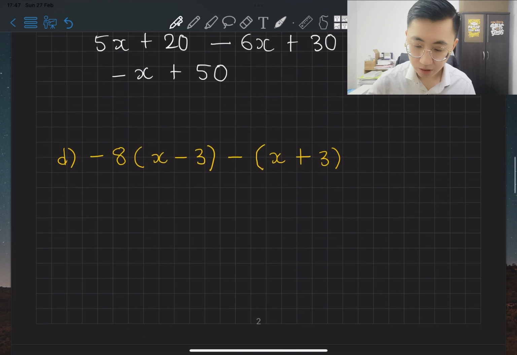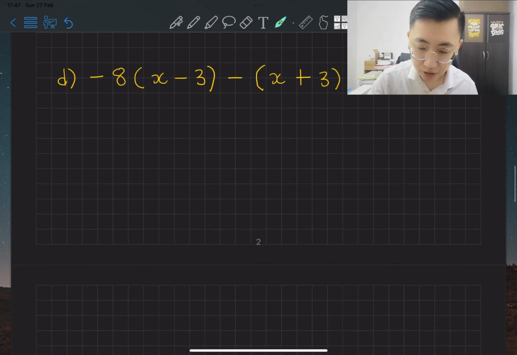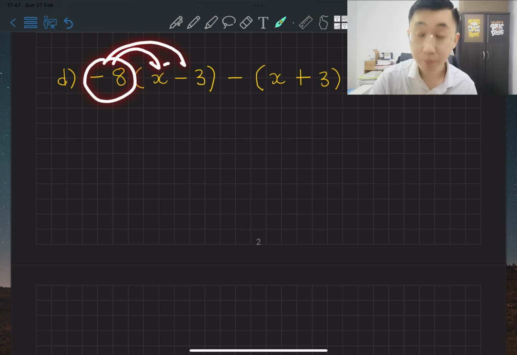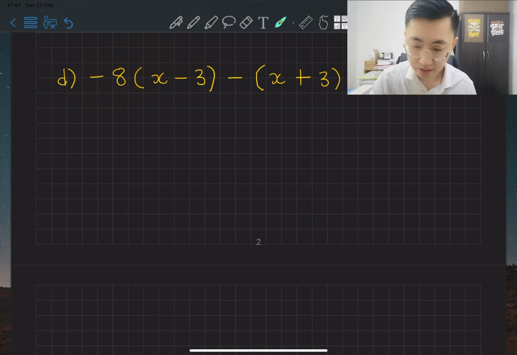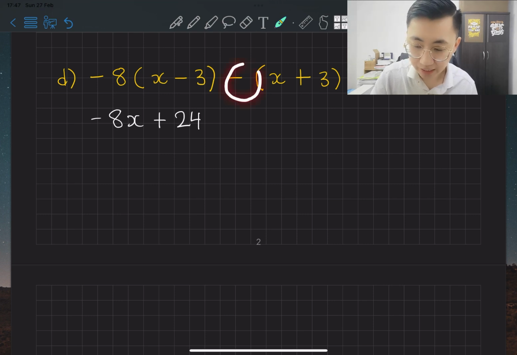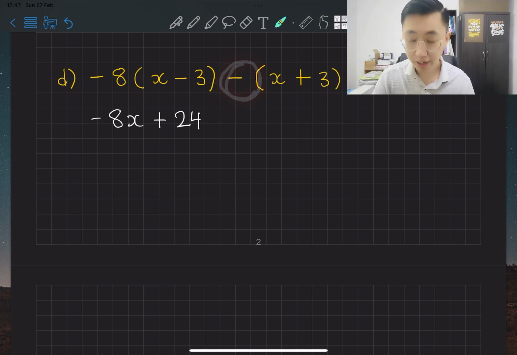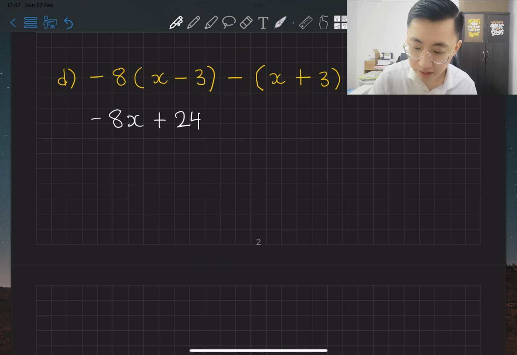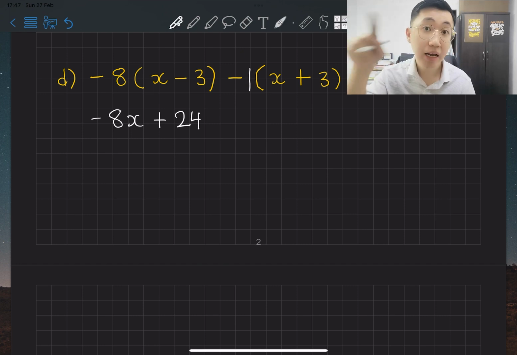Last one. Again, take negative 8 times x, multiply with negative 3. That will give you minus 8x. Negative becomes positive, careful. This will be plus 24. Now here's the thing. When you don't see any number in front of a bracket like this, that's actually 1. So just write 1 like this and multiply in the bracket.